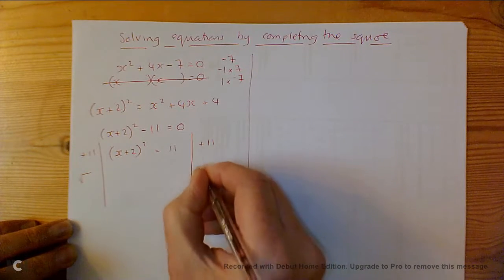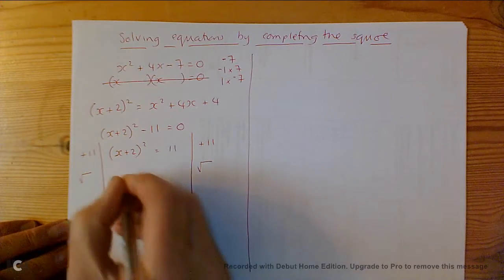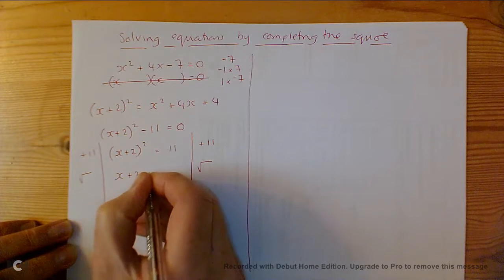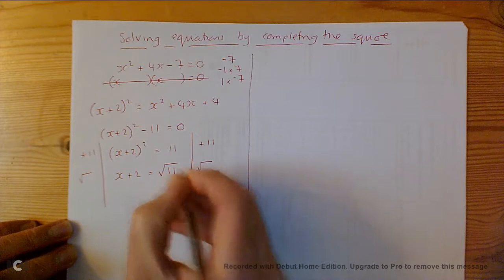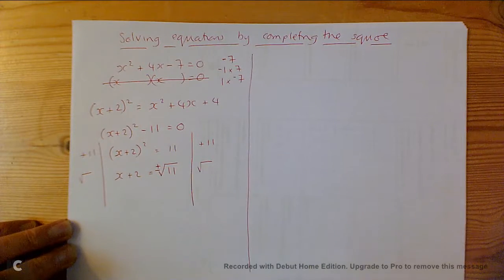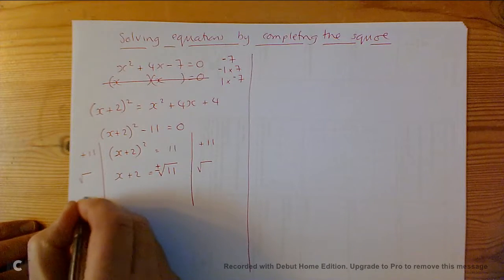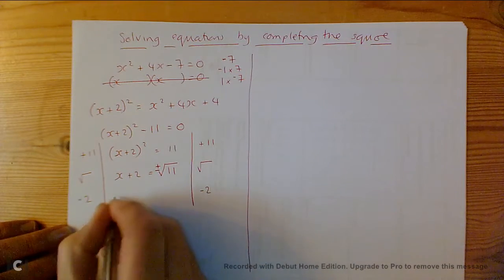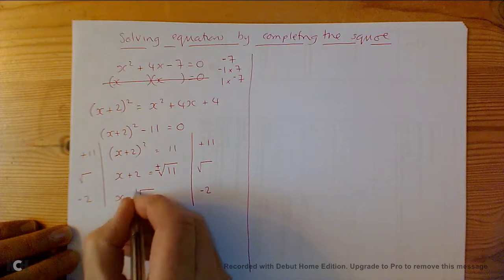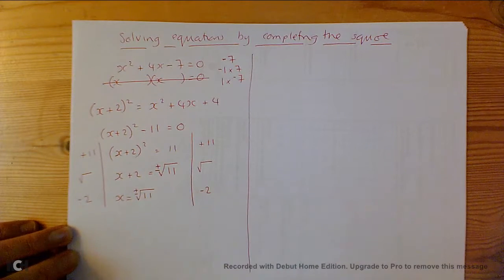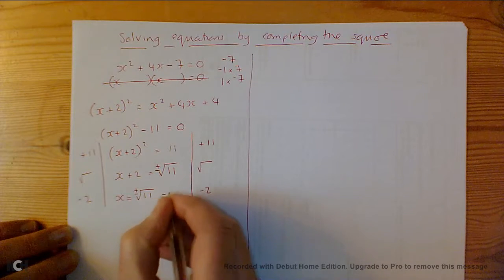I can now square root both sides to give me x plus 2 is equal to the square root of 11, but it can also be equal to the negative square root of 11 as well. Subtract 2 from both sides of the equation, x is equal to positive or negative square root of 11, subtract 2.